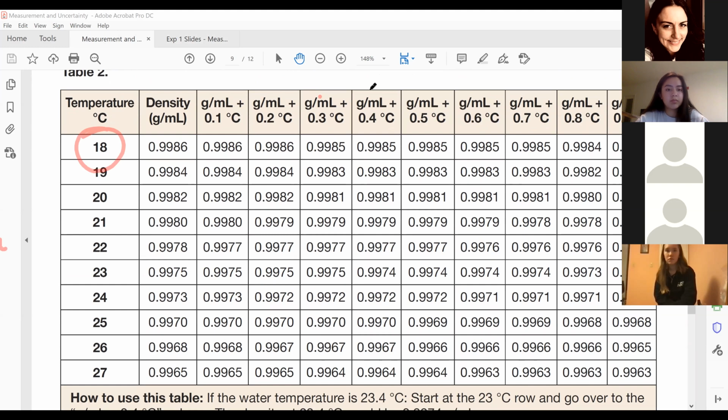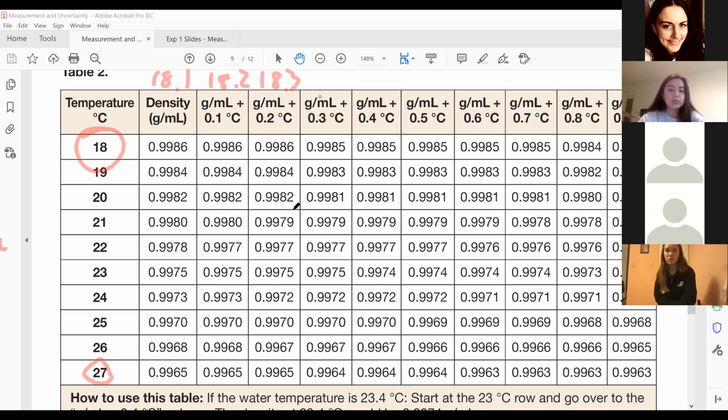Right, 27, there's 27. And the way it works is that each column is 0.1 degrees. So this one would be 18.1, 18.2, 18.3, and so on.